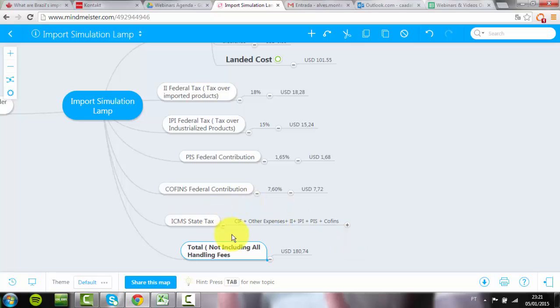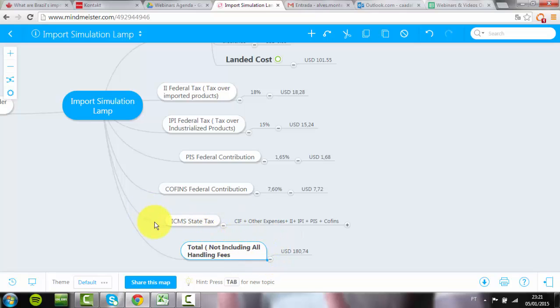As an importer, you have your cost, and you already include the ICMS, which varies according to the state the product is being imported into.